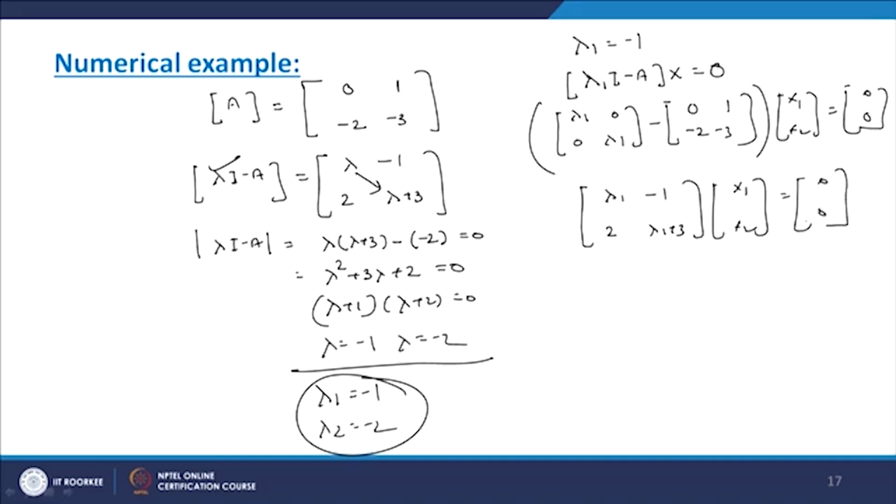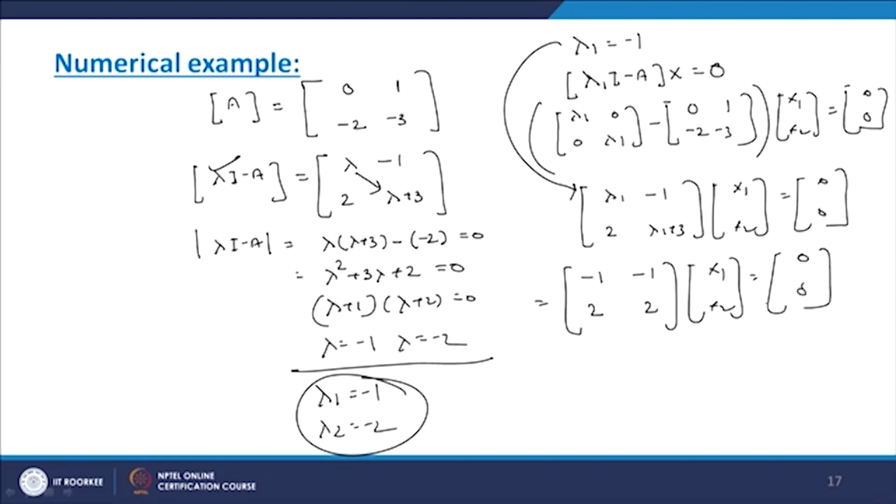Now in this equation we replace lambda 1 equal to minus 1. So what do we get? We get minus 1, 1, 2, 2, times x1, x2 equal to 0, 0.